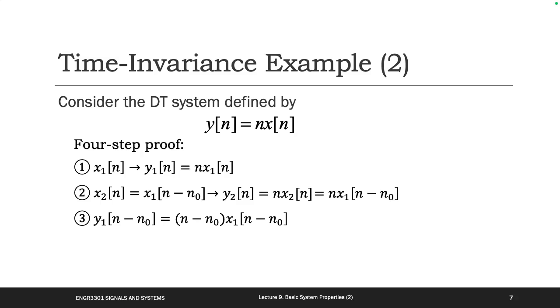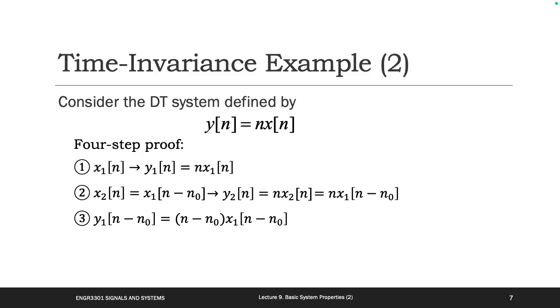Here there is n, here is n, so n becomes n - n0, and x[n] becomes x[n - n0]. That makes sense to you? Any questions? It is a little tricky.